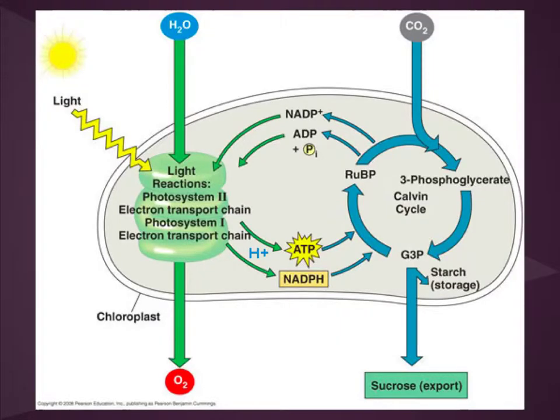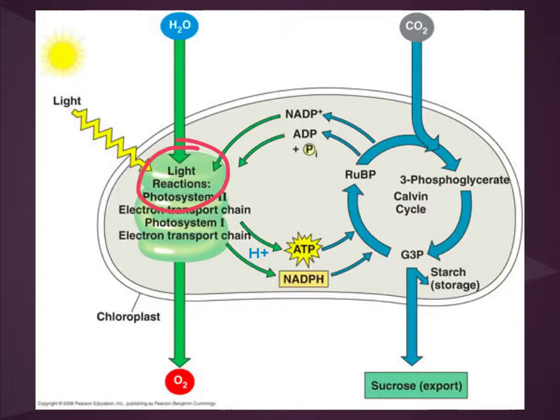If we come back to this overview diagram of photosynthesis, we have to remember that in the chloroplast of the mesophyll cell, we have both parts of photosynthesis taking place. We see the light reactions take place in our thylakoid membrane, as well as the lumen.